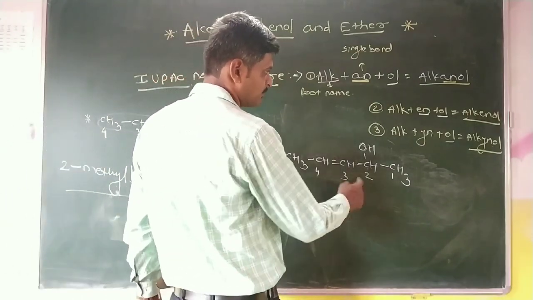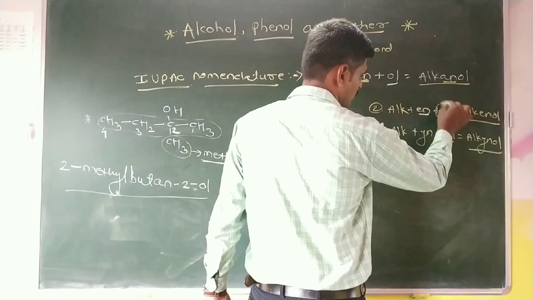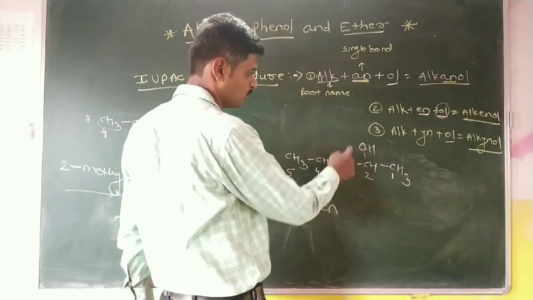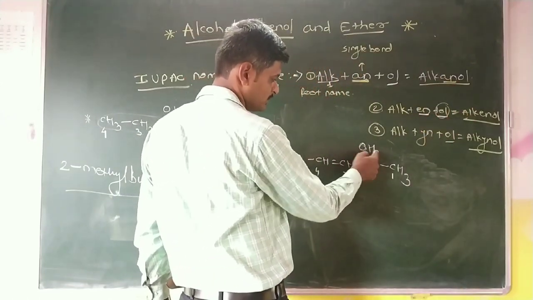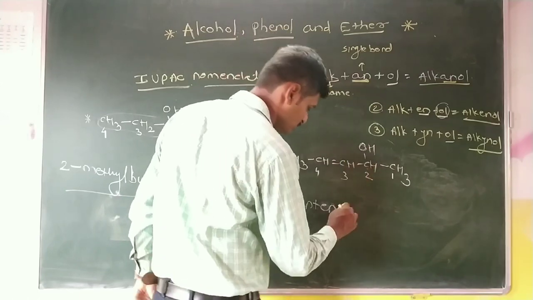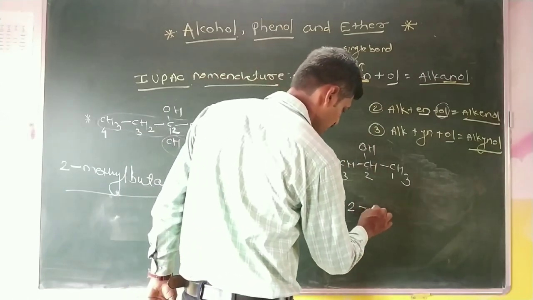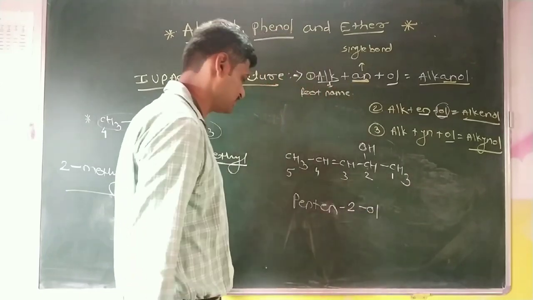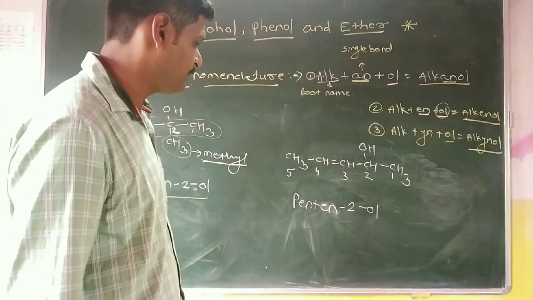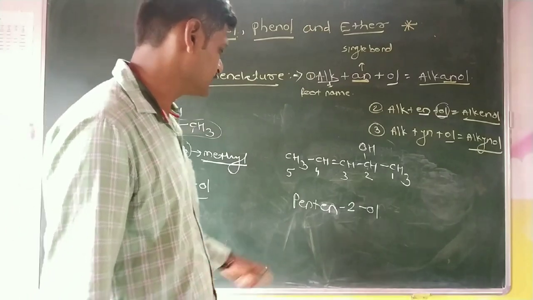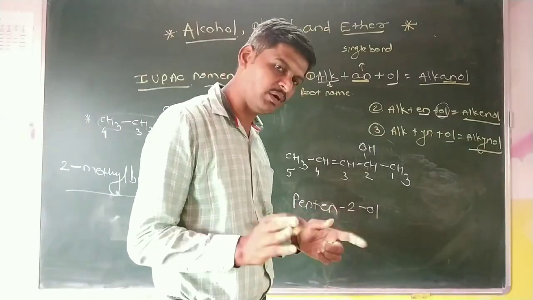After that, the OL is written, and the position of the hydroxyl group is on the second carbon atom. Therefore, it is written as 2-ol. That means pent-en-2-ol.